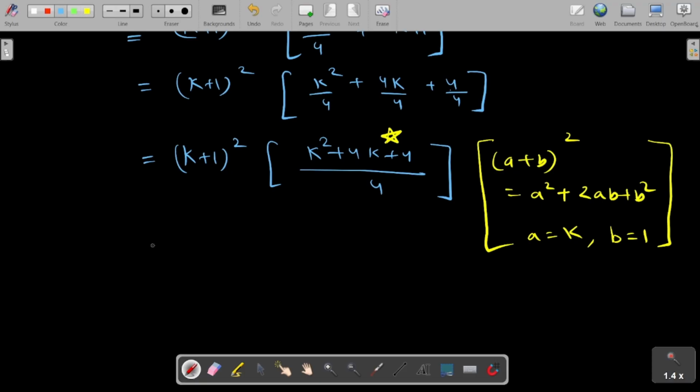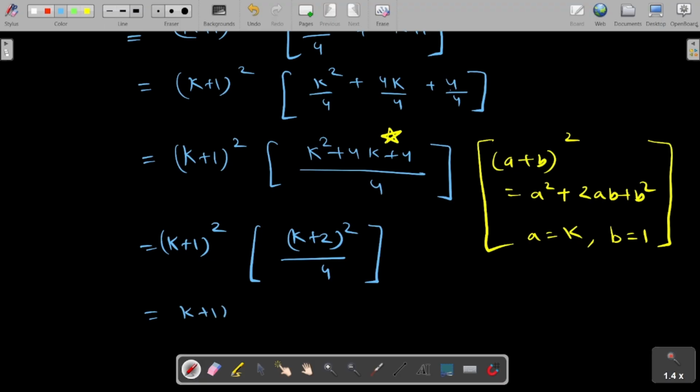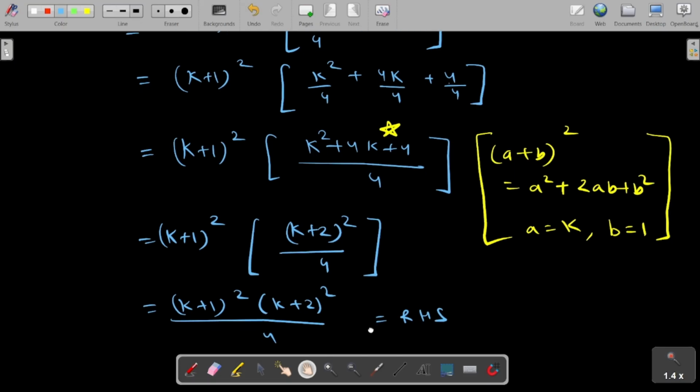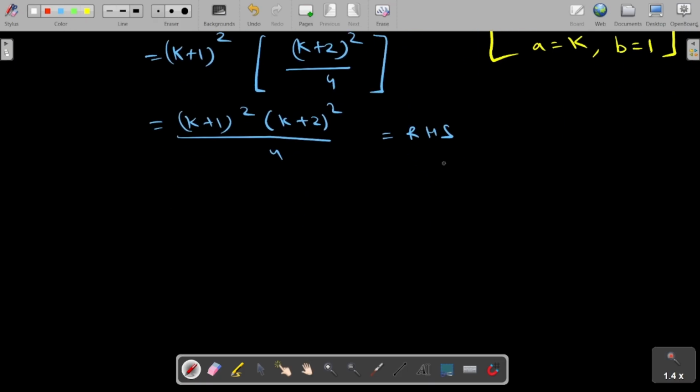So what it gives you? k plus 1 whole square times k plus 2 whole square over 4, and that is equal to your RHS.